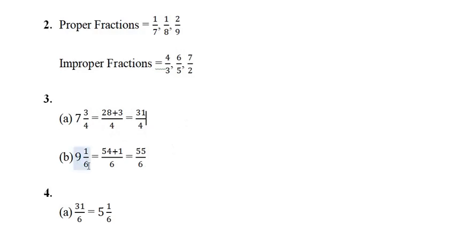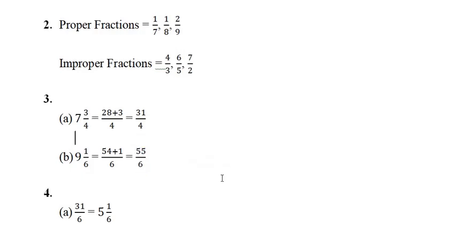The same way we will convert this mixed fraction into an improper fraction. 9 6s are 54, 54 plus 1, 55. So this is your improper fraction. So this is your question number 3.